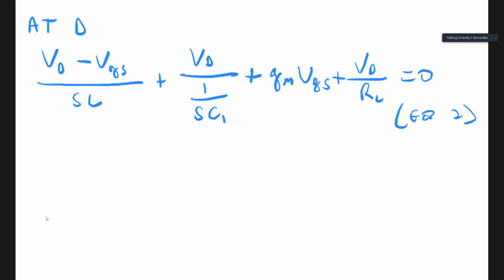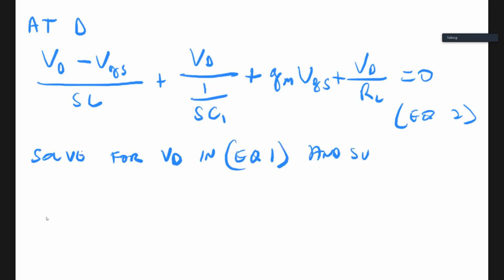What you would do at this point is solve for VD in equation 1 and substitute that solution of VD in equation 2.